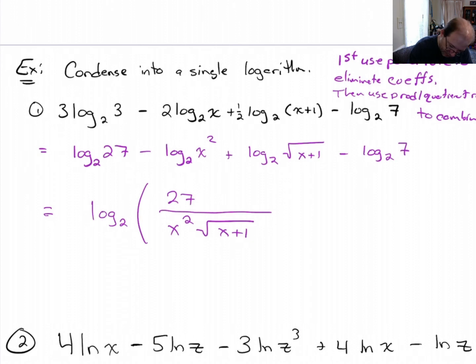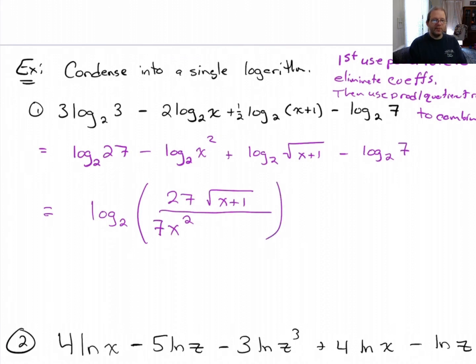Wait, no, that goes on top, since it's positive. And then 7 on bottom. I'm going to put the 7 in front. A little lopsided, but that's okay.